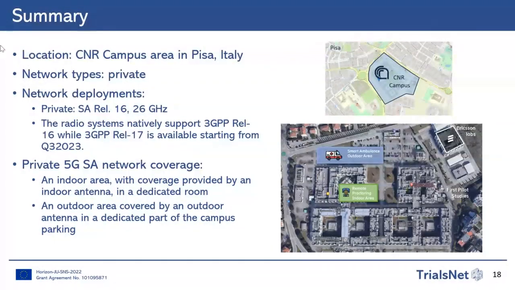The network deployment will be private in order to have the possibility to consider a dedicated spectrum. It is based on 26 GHz in millimeter wave. The radio system natively supports 3GPP release 16, and from Q3 2024, this is a mistake, 3GPP release 17 will be available.